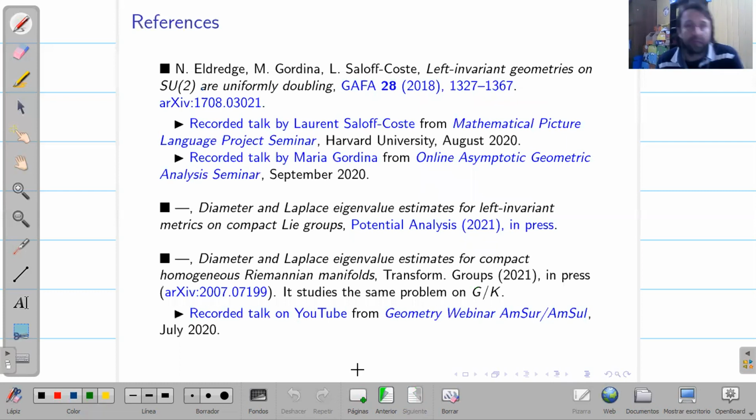And now we end with some references. This is the paper where the important conjecture by Eldredge, Gordina, and Saloff-Coste appears, and they prove the case SU(2). And I also recommend 2 talks, one by Laurent Saloff-Coste and the other by Maria Gordina.